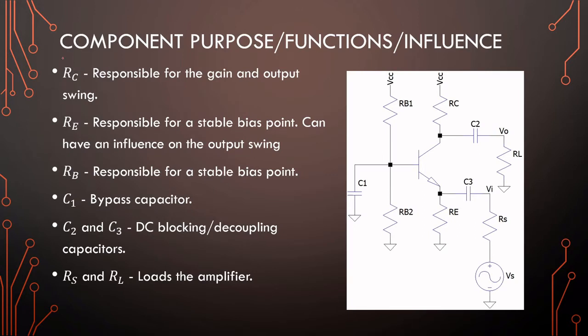So the purpose of each component is quite straightforward with a common base. As usual, if you know what the purpose of a component is, it will help you with selecting or tweaking a value later on. So the collector resistor together with the VCE is responsible for the output swing and the gain of amplifier.